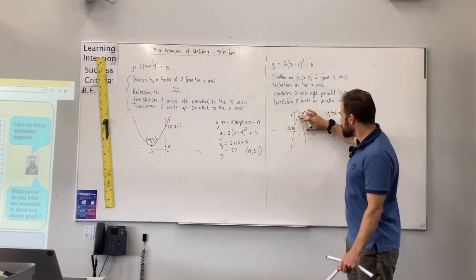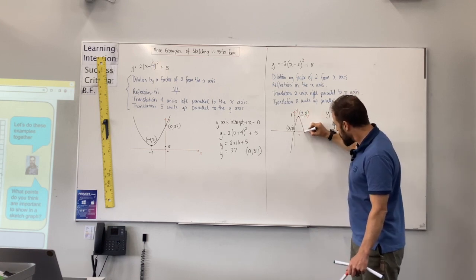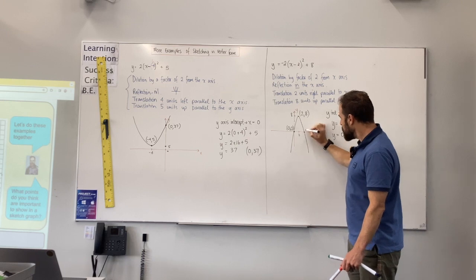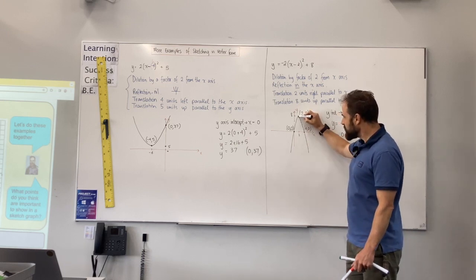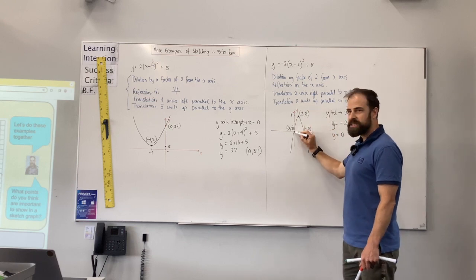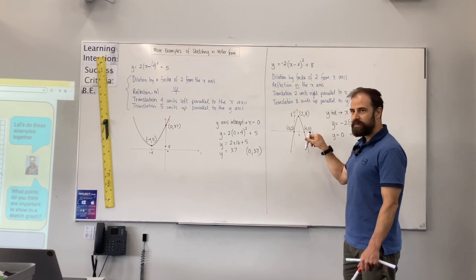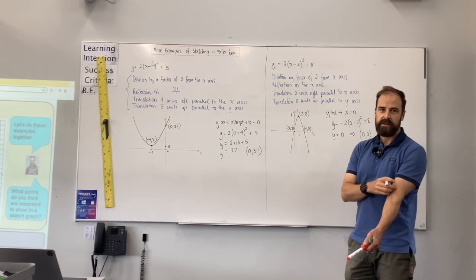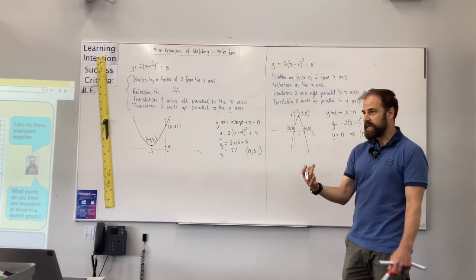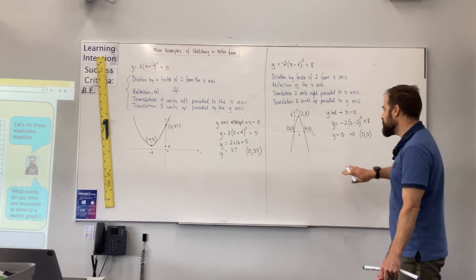And because I know these graphs are symmetrical, this one would have to be at 4. Because if the turning point's at 2 and that intercept is at 0, that means I've gone across 2 between those 2 points. Because of symmetry, I have to go across another 2 to find the other one. So I can use those shortcuts. I don't have to substitute in y equals 0 to find the x-axis intercept.